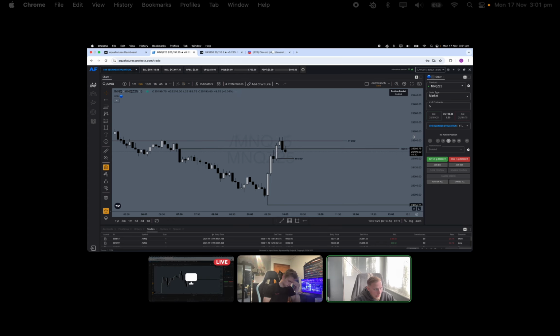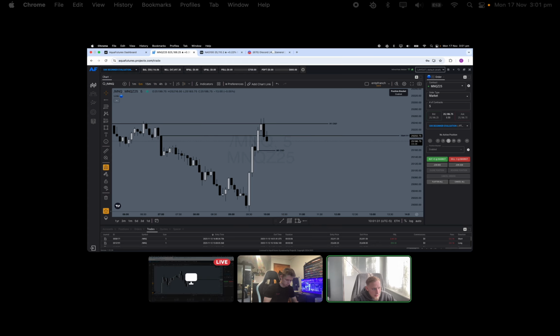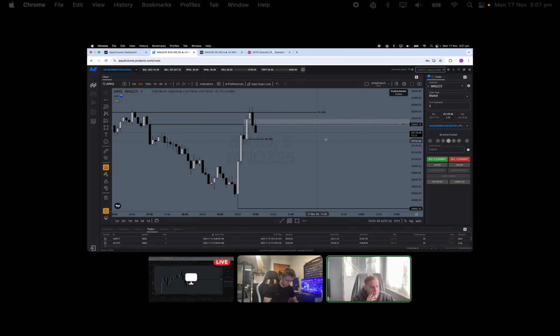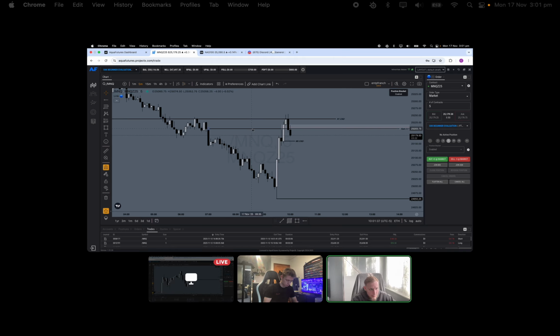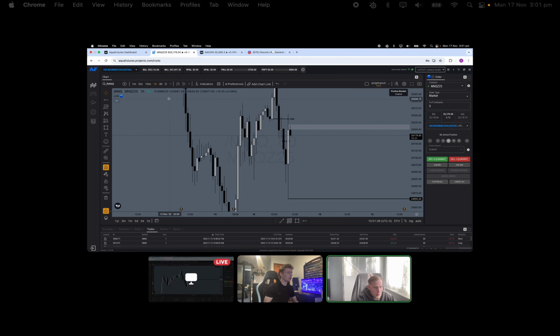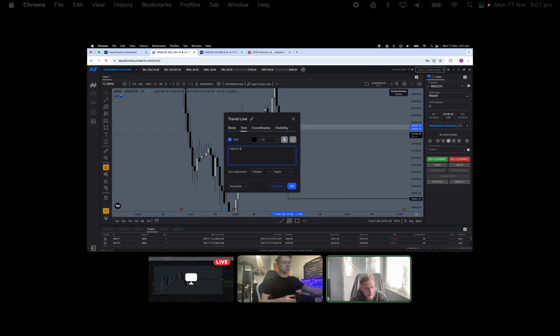But yeah, we'd be now waiting for probably this inverse gap and this M5 CSD, and then we can try and get in. Rejected CSD, bearish.